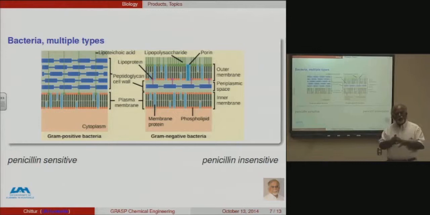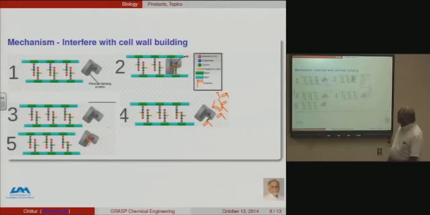Don't worry about the details, except that if he had been working with gram-negative bacteria, he would not have seen the penicillin effect. So in a lot of ways, he was lucky because he was working with gram-positive bacteria, and it was penicillin sensitive.